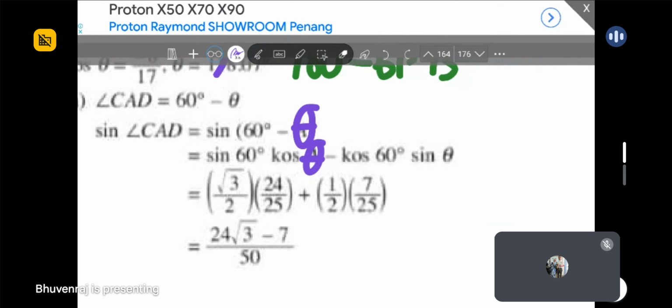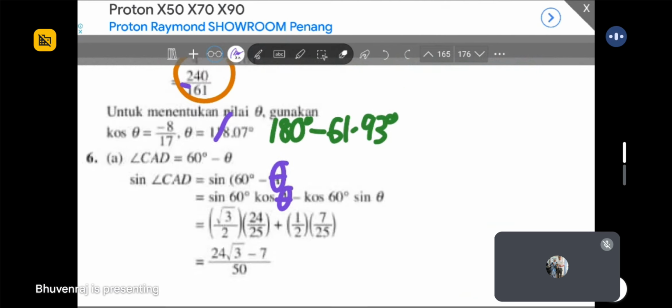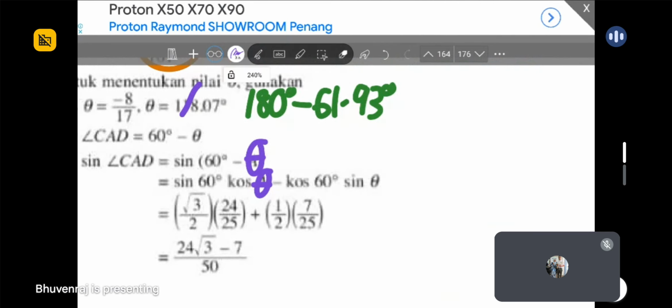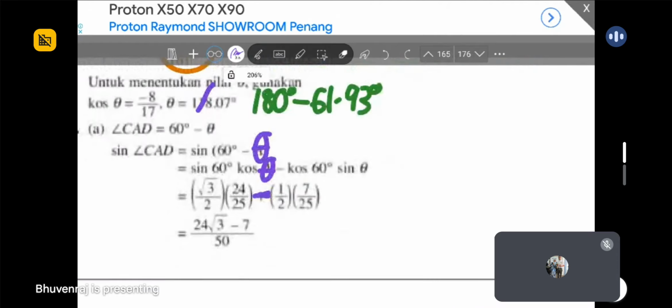So 24 root 3 minus 7 over 50. That's all. Itu saja. Then you will get the answer. Alright, over here there is a mistake. It should be minus, guys. This symbol is a minus, because you have a minus sign here, so in the middle should also have minus. Please take note, ambil tahu.